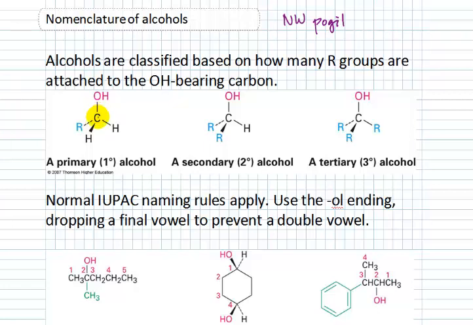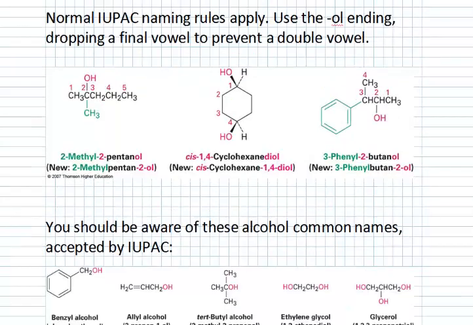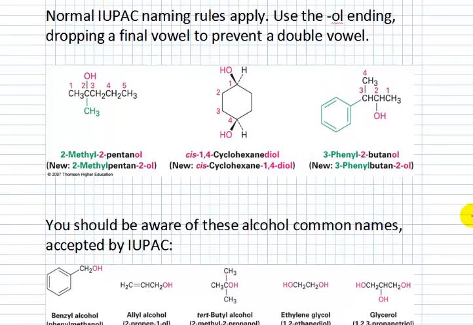So here's C with the OH. We're looking at how many R groups are attached to that C. So just one R group is primary, 2 R groups is a secondary alcohol, 3 alkyl groups is a tertiary alcohol. So whether an alcohol is primary, secondary, or tertiary will define its reactions and its properties.